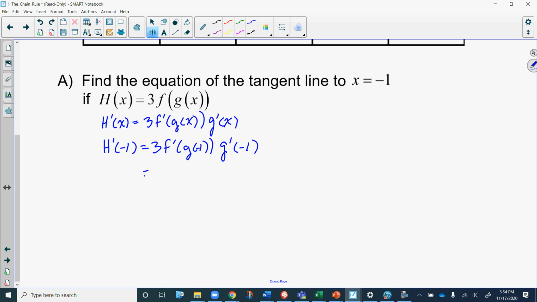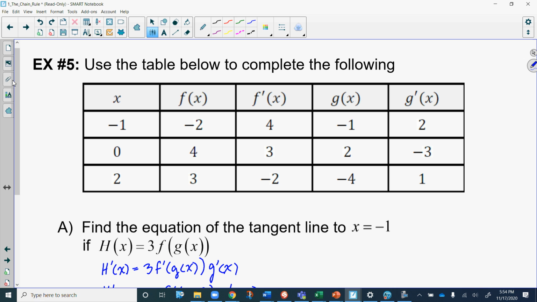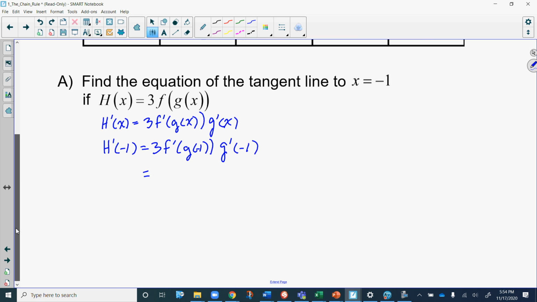So let's see what we get from our table. Well, g of -1 is -1, and g prime of -1 is 2. So let's go substitute those numbers into our problem. So that'll be 3 times, so g of -1 is -1, so I'll get f prime of -1 now. And g prime of -1 was 2.